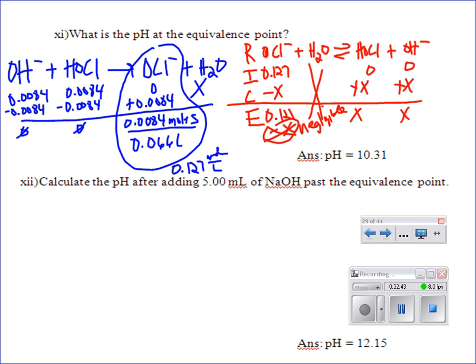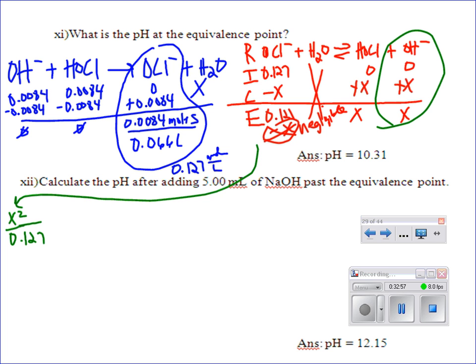And so, oh, I'm running out of room. I'm going to take it down here. We get X squared over, but I have a problem. I have a Kb and I need a Ka. So we're going to take 1 times 10 to the negative 14th, and we're going to divide it by 3.5 times 10 to the negative 8. And when we do that, we get X squared over 0.127. The actual Kb, I thought I had it written down.